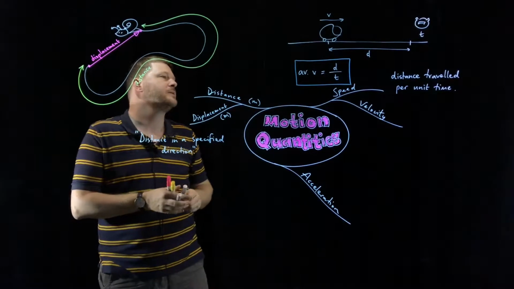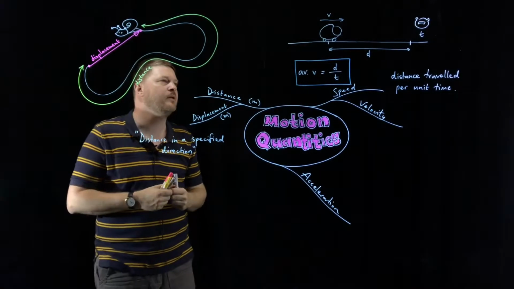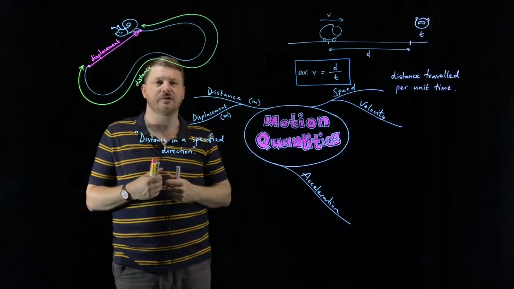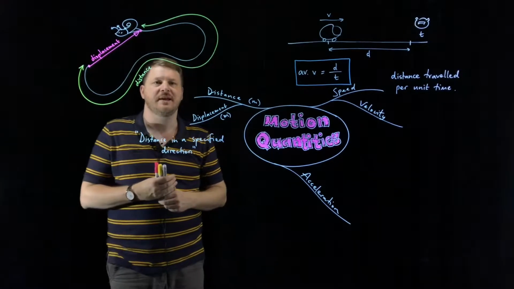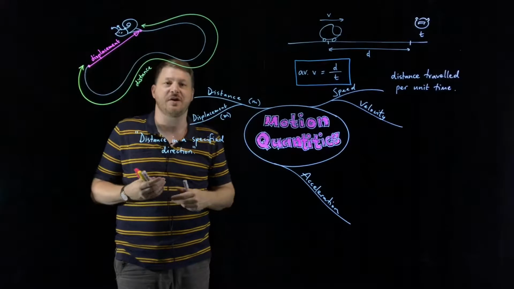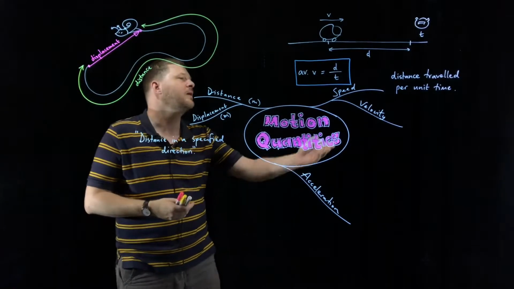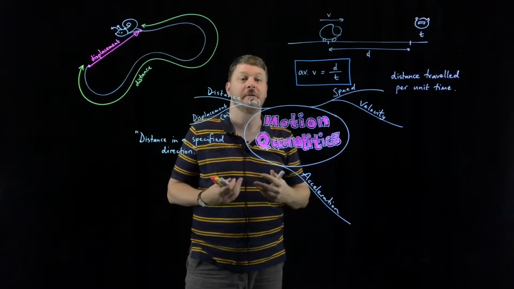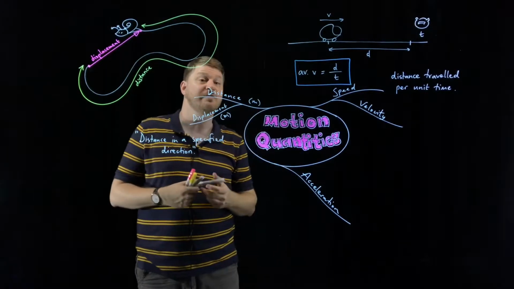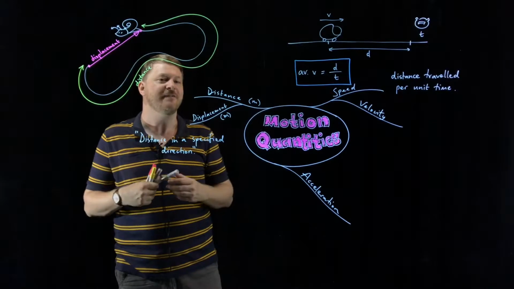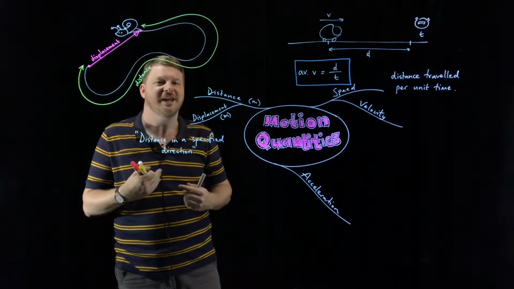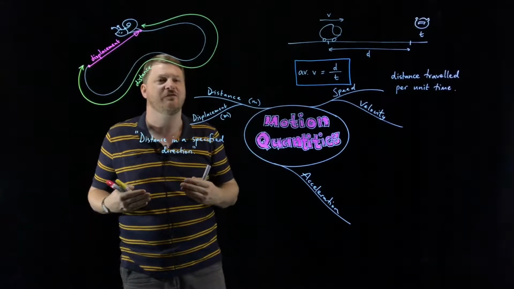Okay, so as an example, supposing our buggy travelled 20 metres and it took 5 seconds to go that distance. So how fast was it going? Well, we need to work out the distance that it travelled per second. So if it travelled 20 metres in 5 seconds, then each second it would have only travelled 4 metres.